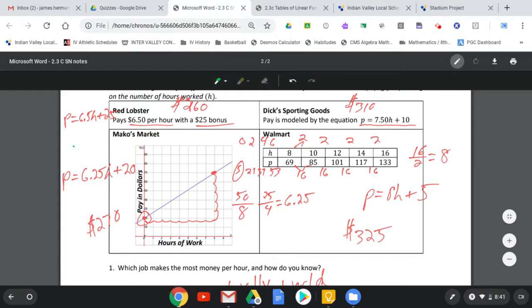As soon as you got it, let me know. 12 hours for Walmart. Walmart, 12 hours?